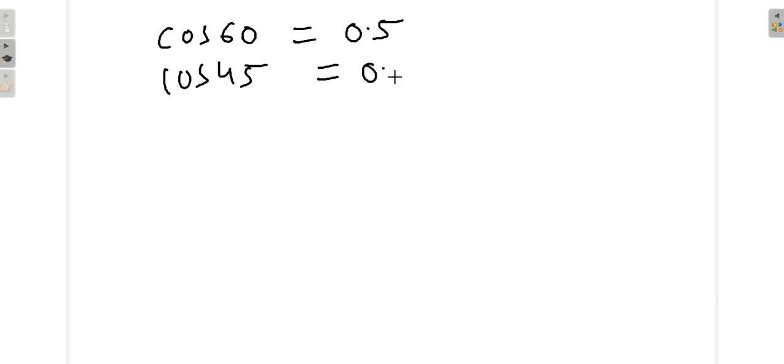So let me write here, cos 60 is 0.5 and cos 45 is 1 by root 2, that is 0.7, not 7. Our answer is 0.75, so it will be very close to 45. So you must choose the answer close to 45.